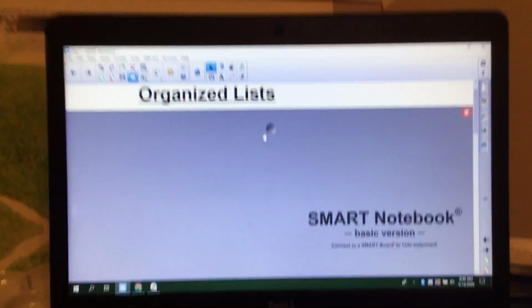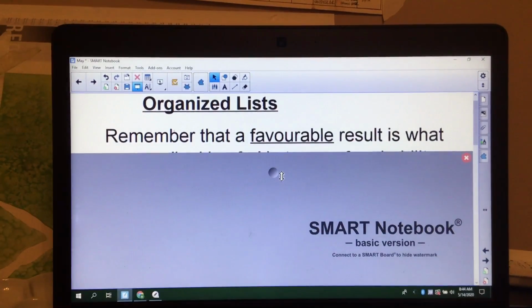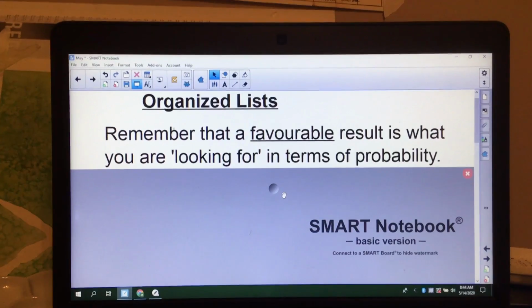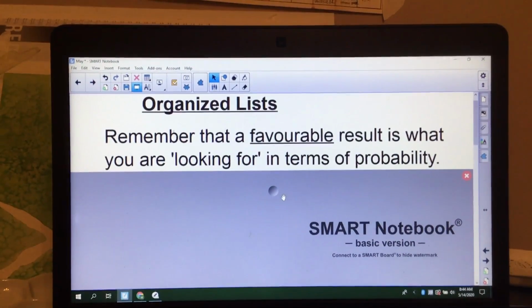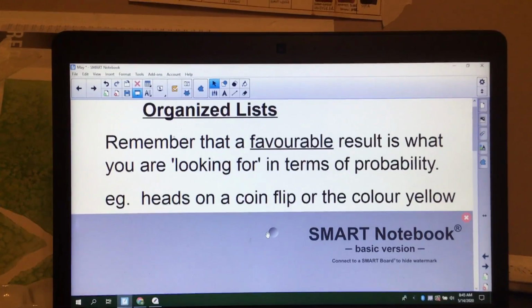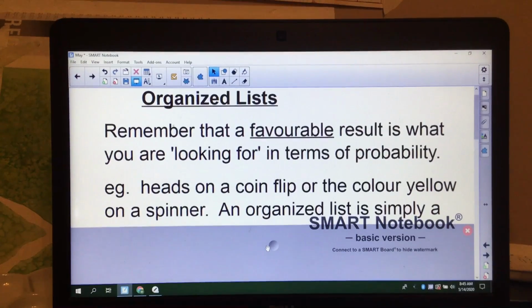So the first thing to understand is remembering that a favorable result is what you're looking for in terms of probability. For example, heads on a coin or the color yellow on a spinner.